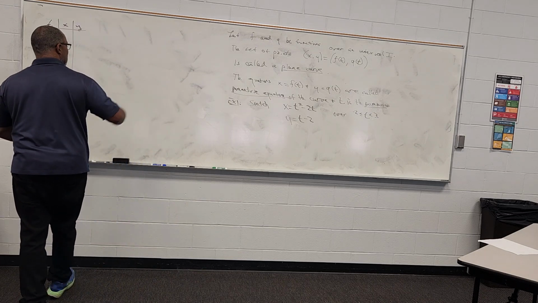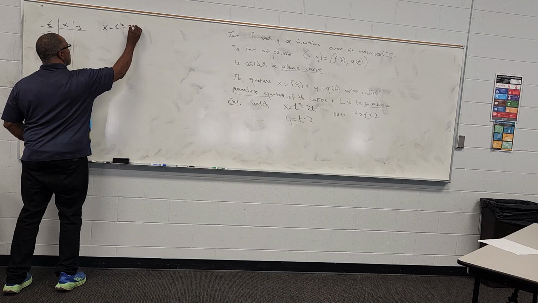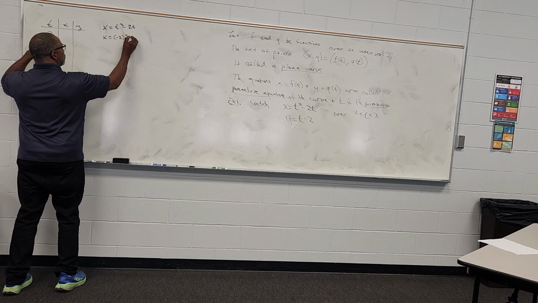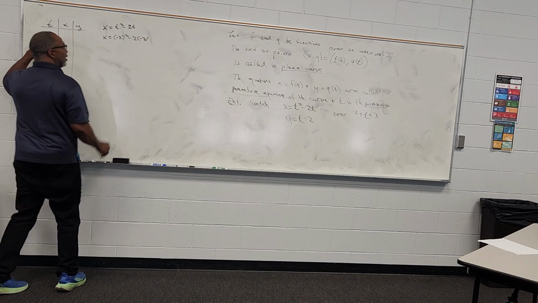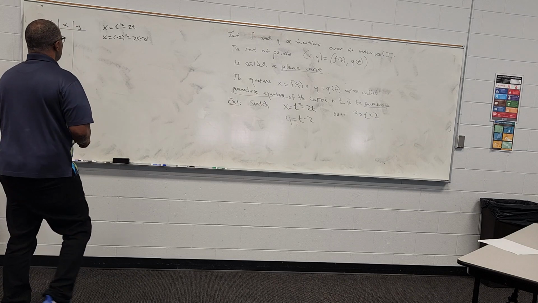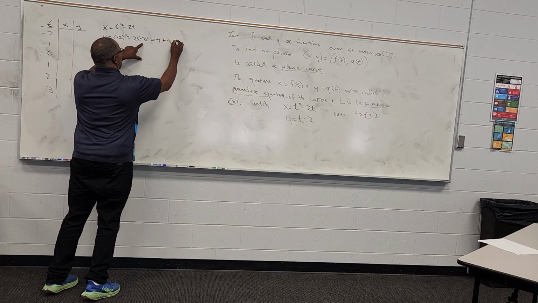So, x is t squared minus 2t. When t is negative 2, x would be negative 2 squared minus 2 times negative 2. All we're doing is putting a negative 2 everywhere we have a t. Negative 2 squared is 4. Negative times a negative makes plus 4. That's 8.